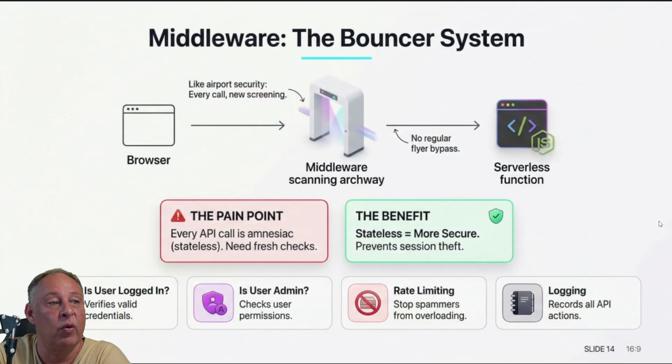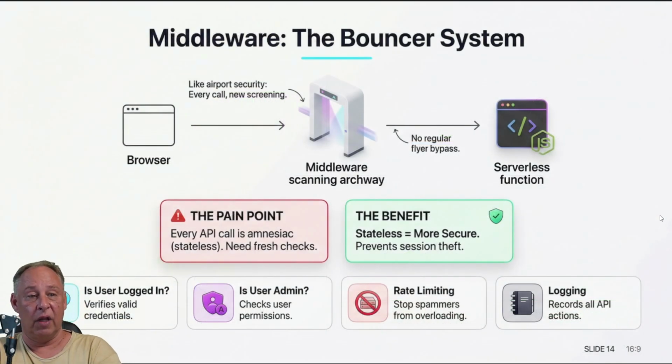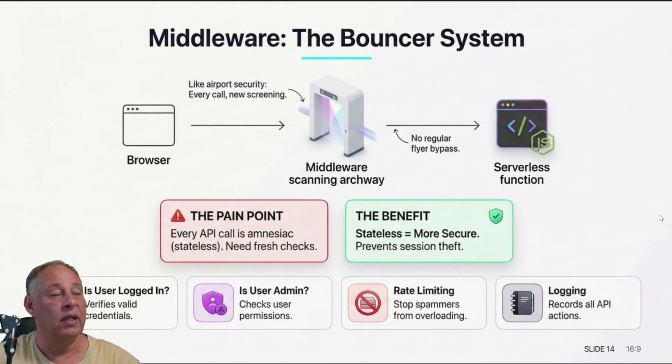All done very quickly. Now, a last thing, because we talk about security, something that's very important is middleware. Middleware sits between your Node.js and your API call, and it acts like a bouncer. So the questions Node.js will ask it are: is this user logged in?